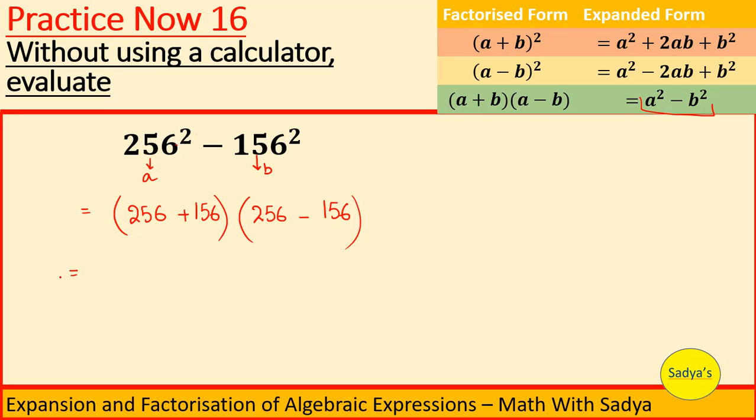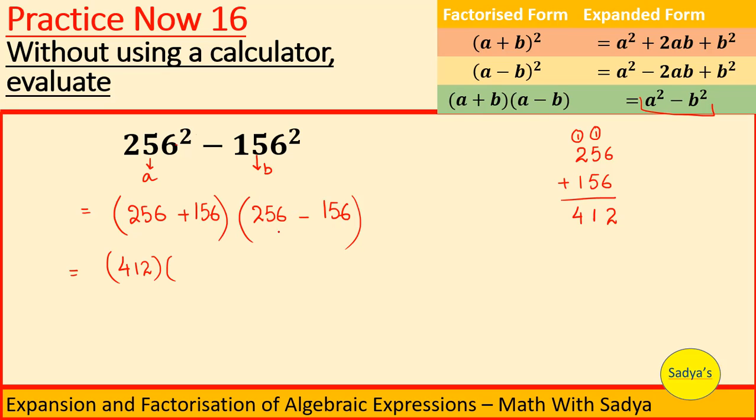So now let's solve it. 256 plus 156. 6 plus 6 is 12, 1 carried. 5 plus 5 is 10 plus 1, 11, 1 carried. 2 plus 1 is 3, plus 1 carried is 4. So this is equal to 412.